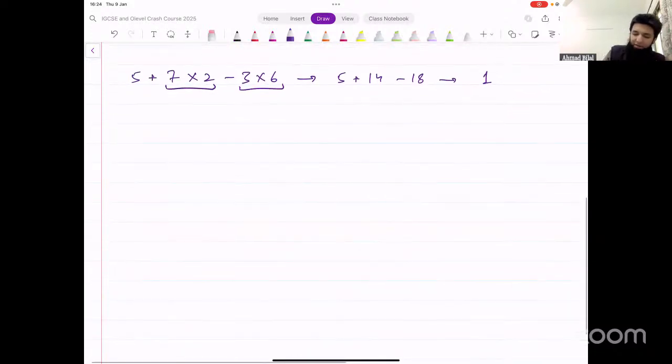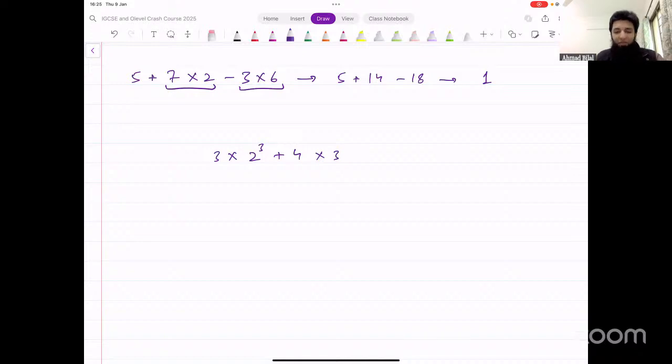If you have brackets or exponents involved, let's say you've got something like this: 2 raised to the power 3, multiplied by 2 plus 4, multiplied by 3.